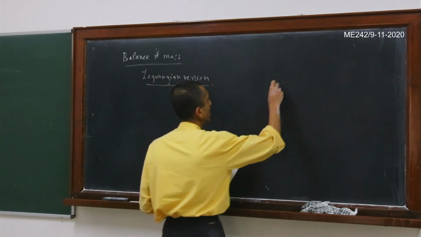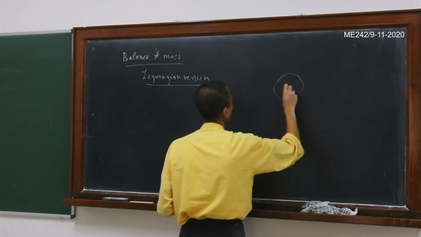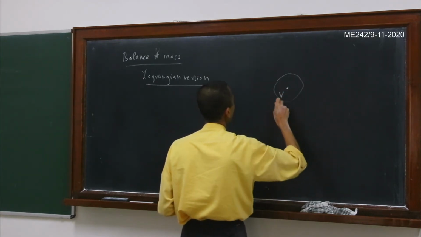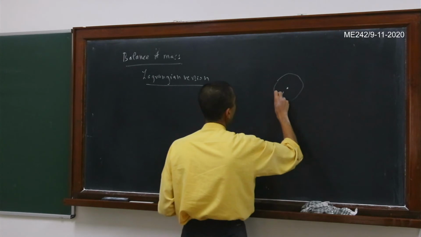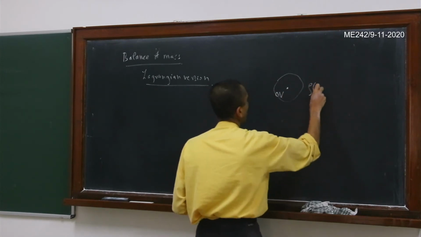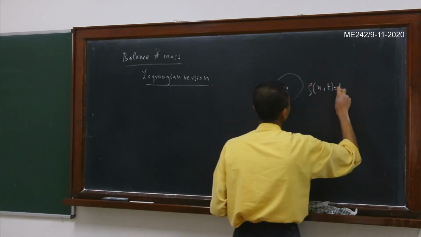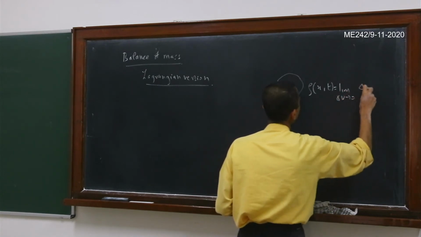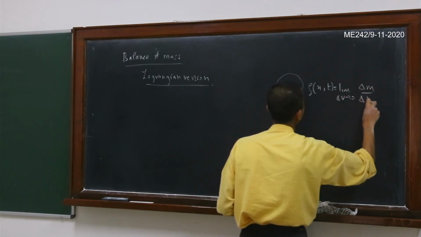Okay, so now take a point here, and suppose you take some delta v. Then rho at x comma t is defined as the limit as delta v tends to 0 of delta m by delta v.